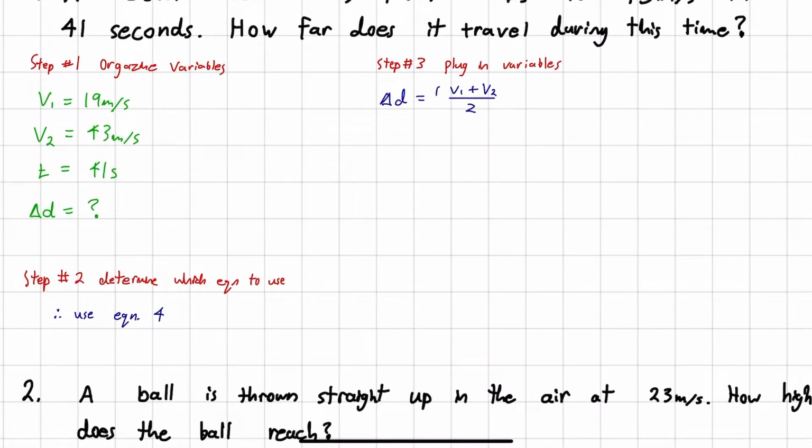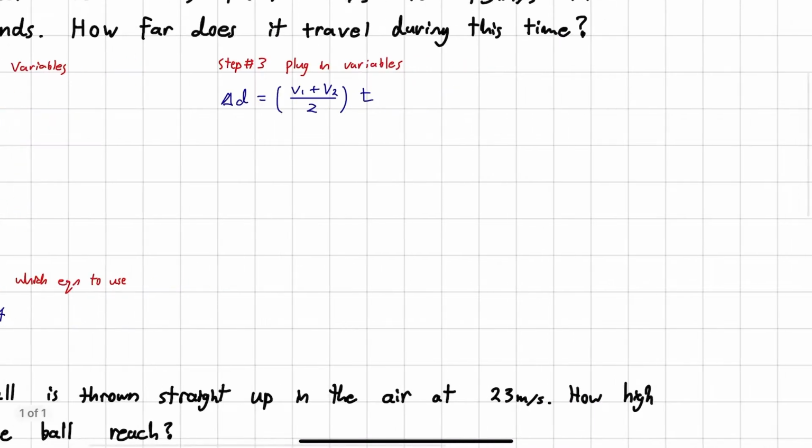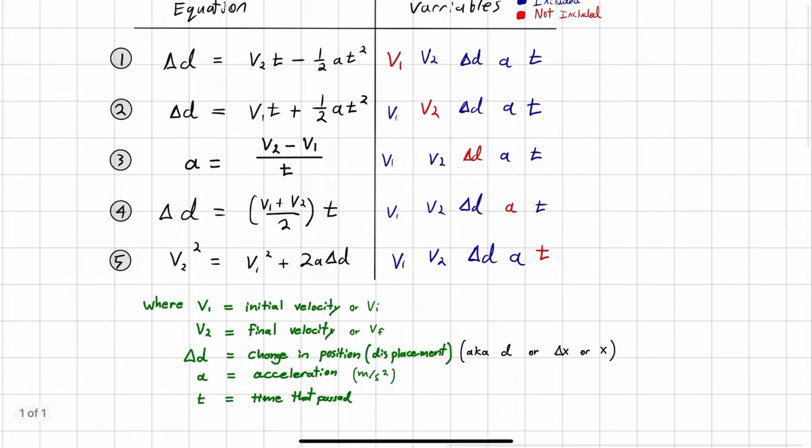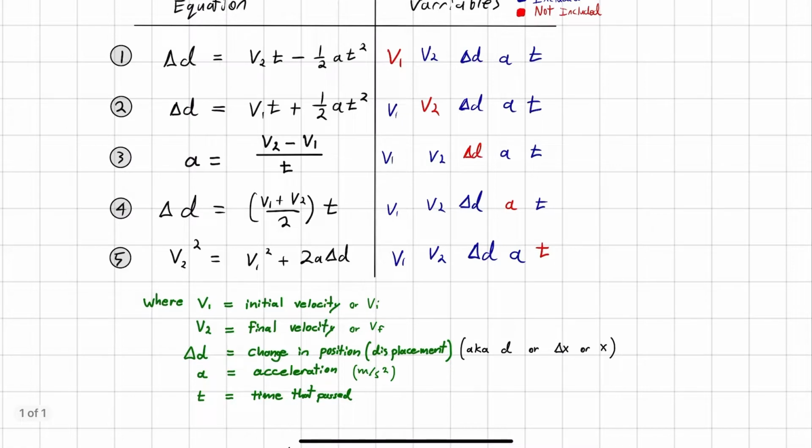I have one more note to make, and that is I have called this equation number 4, but in your textbook or on the sheet that your teacher gave you, it might be associated with different numbers. So the number's not the important part, it's the actual equation itself.